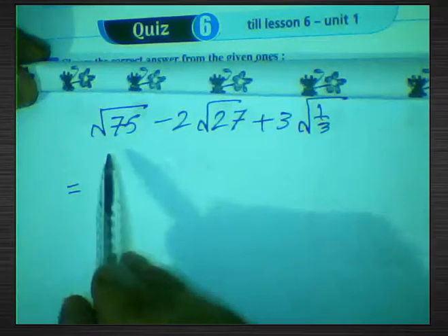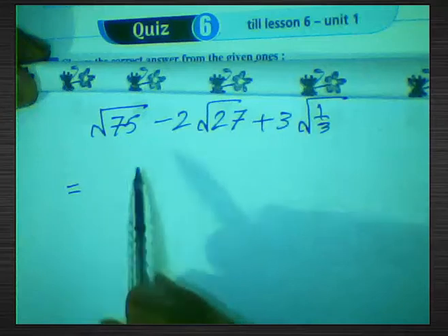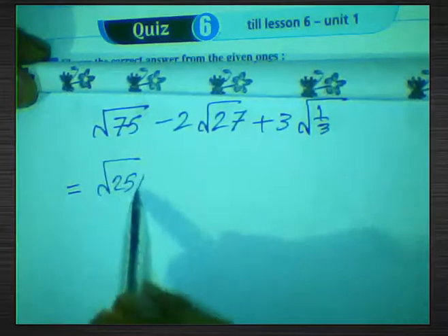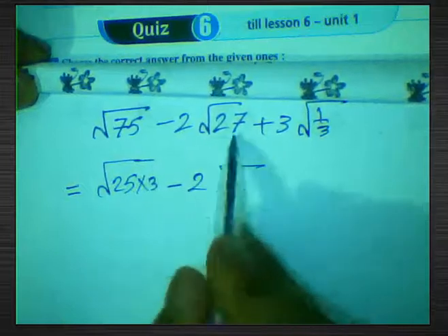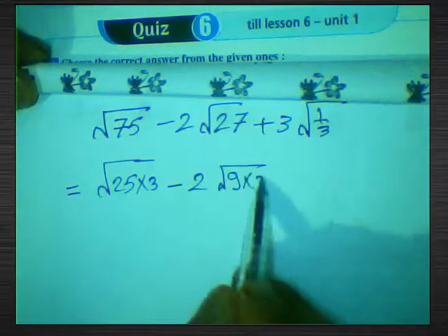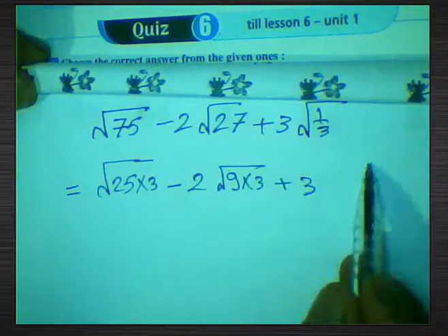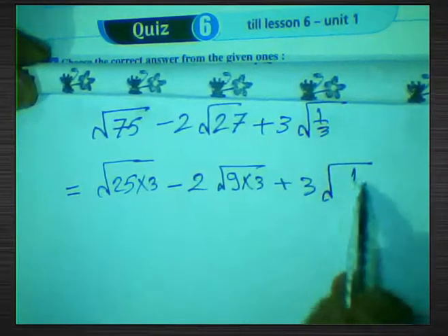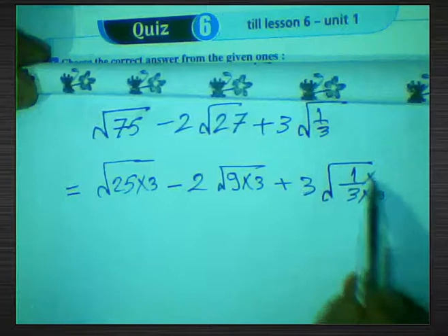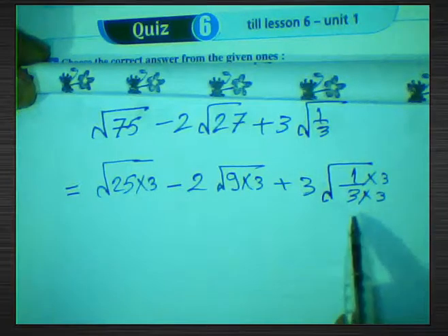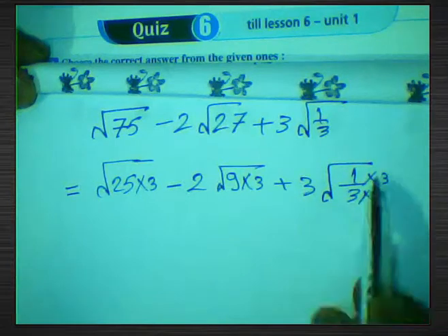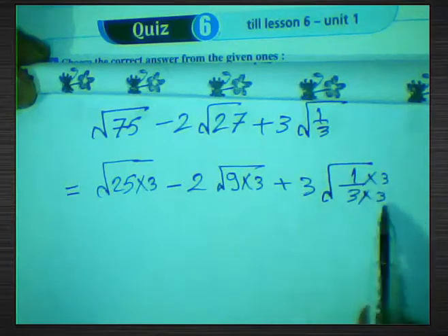Who can solve it? We know 75 equals 25 multiplied by 3, subtract 2 and the square root of 27, which is 9 multiplied by 3, plus 3 multiplied by the square root of one third. We will multiply 3 in the numerator and denominator to cancel the 3 in the denominator.